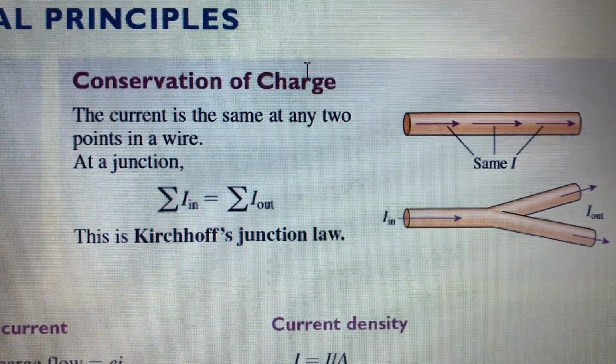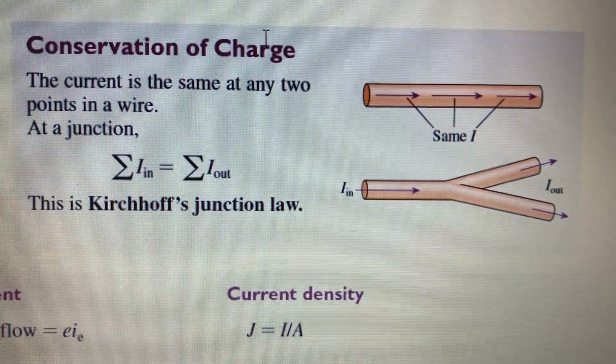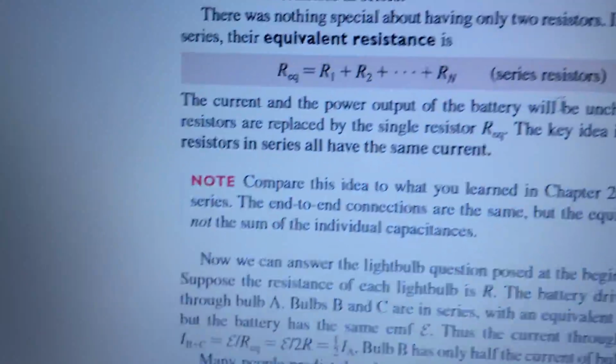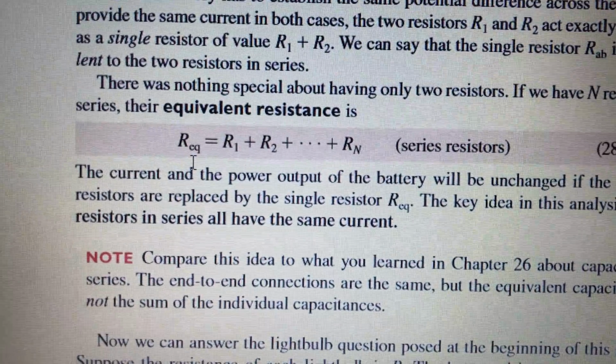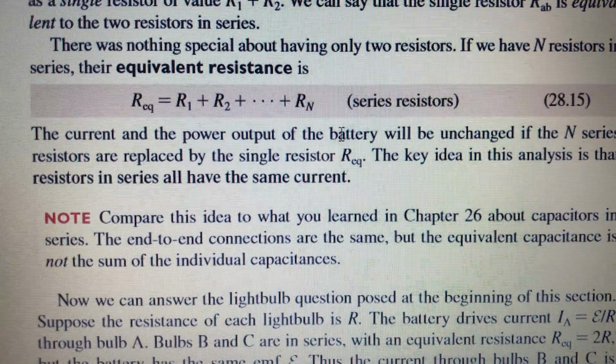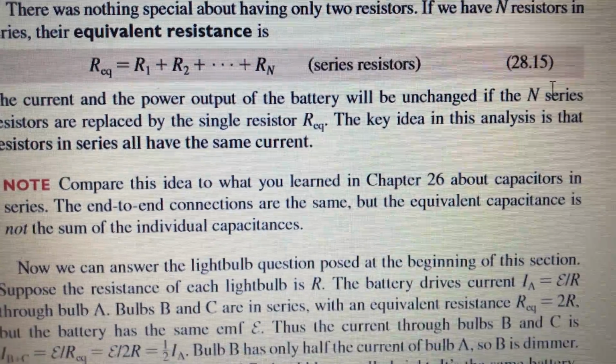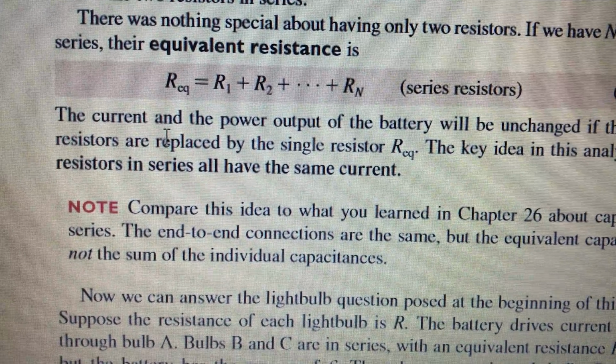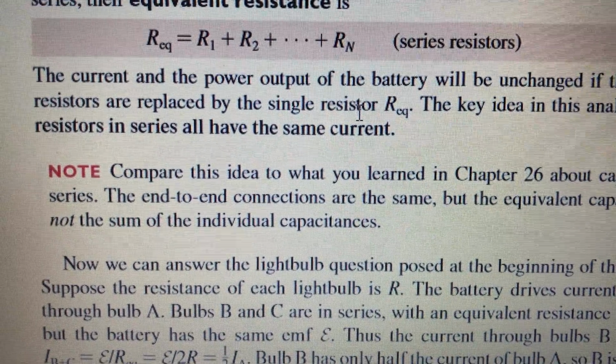The current is the same at any two points in a wire, and also these two values are equal to their combination current, I mean their equivalent current, which is IAB. We can use that rule by using this key. It says the current and the power output of the battery will be unchanged if the N series resistors are replaced by a single equivalent resistor.